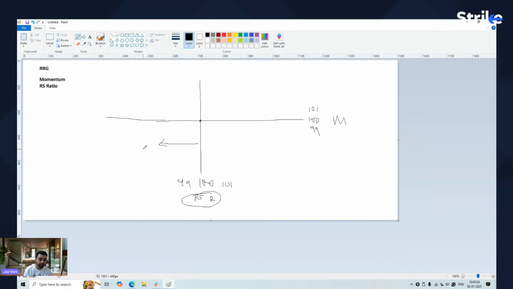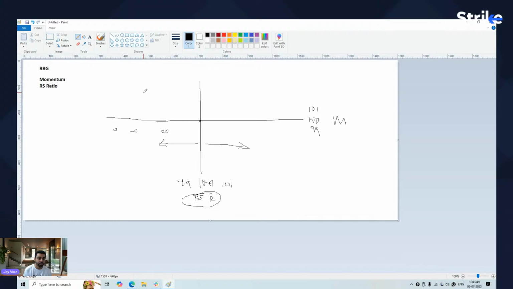That's why the relative strength is on the left hand side. Depending on where they are, it will tell you the sort of underperformance that they have seen. And anything on the right hand side means that they are stronger than the benchmark.